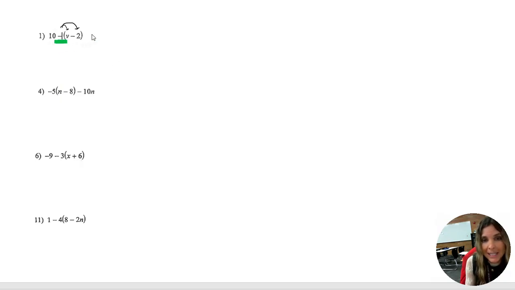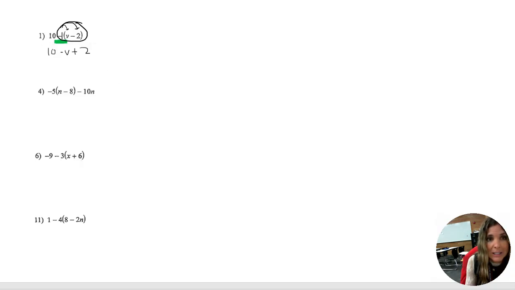So basically that subtraction sign is going to change that V to a negative V and that negative 2 to a positive 2. So it changes both of the terms inside the parenthesis to their opposite sign, okay?